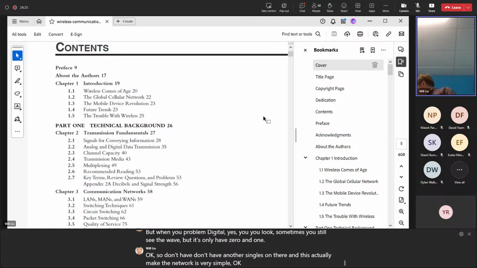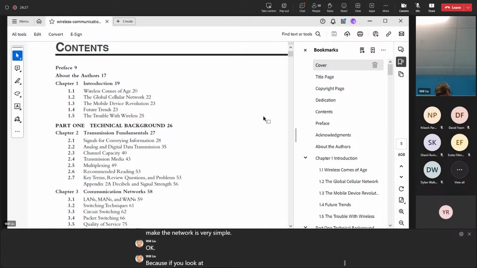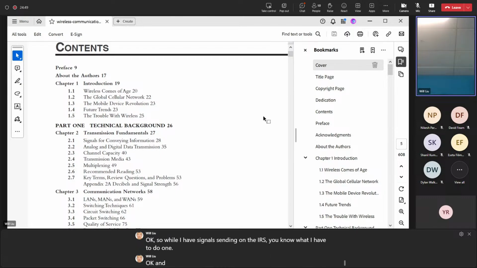If you look at how the signal is sent when we're using 0s and 1s, when we have signals sending on the air, 0 does not mean their voltage is 0.